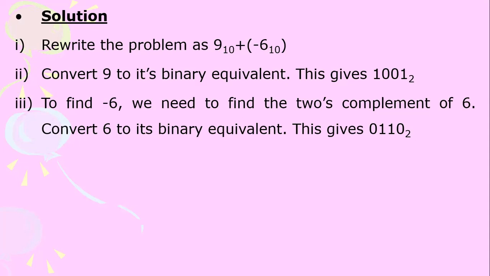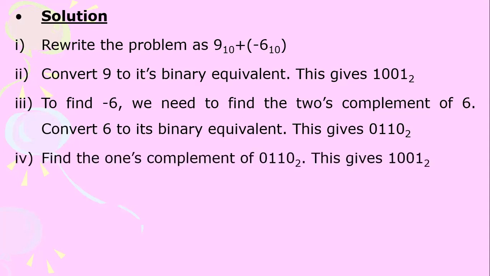And because we are talking about 2's complement, we make our bits to be 4, which is of course the rule of BCD. So we make them 4. So in this case, it is 0, 1, 1, 0.